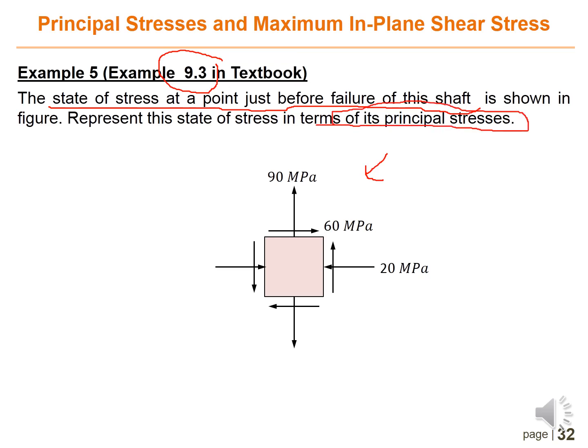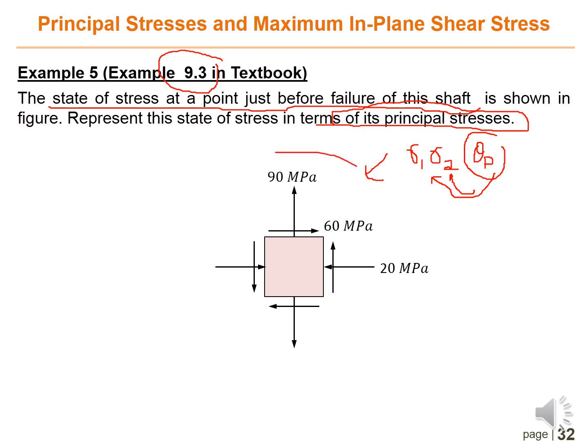So your main goal is to find sigma 1, sigma 2, and also theta p, the angle that causes sigma 1 and sigma 2 to happen. You have to determine these three unknowns.